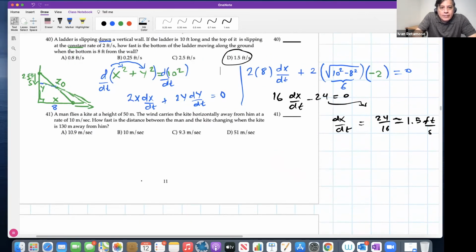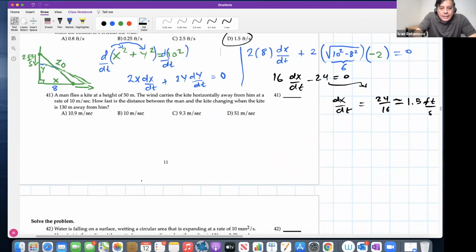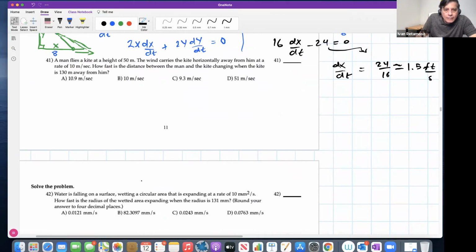Moving on, guys. This one, the kite, I think I explained this in class. Probably we should do this. A man is flying a kite. The kite is here, and this kite is being carried horizontally away from him at this speed, 10 meters per second.